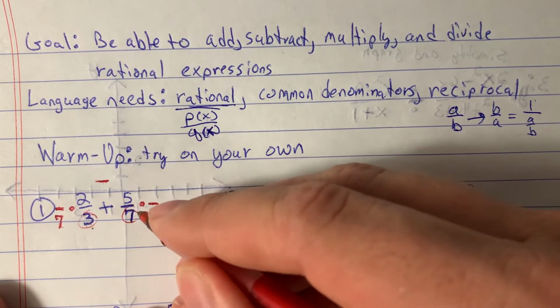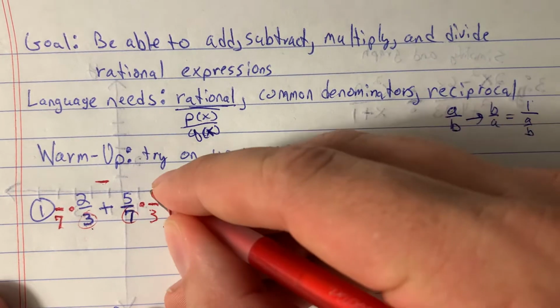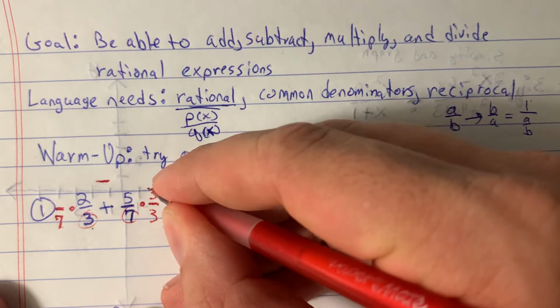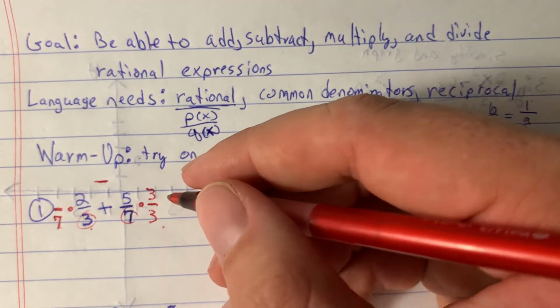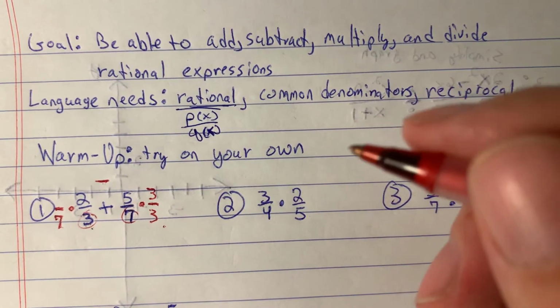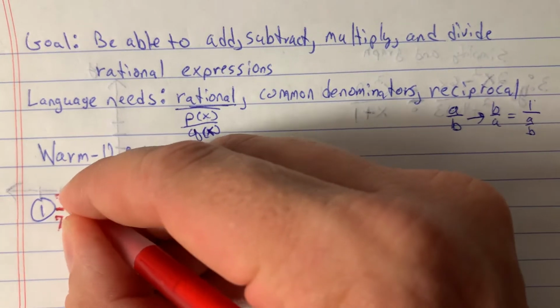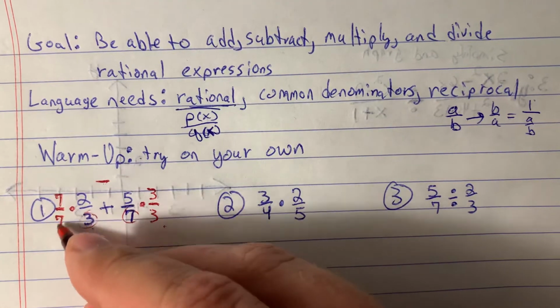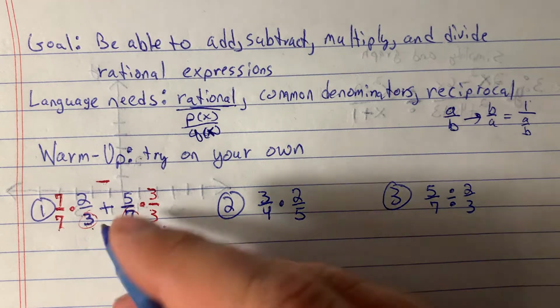To keep this fraction actually the same, I can't just multiply the denominator by 3. I need to multiply by 3 over 3, because 3 divided by 3 is 1, and that keeps the fraction having the same value because multiplying by 1 doesn't change anything. If I want to multiply the denominator by 7, I also need to multiply the numerator by 7, because then I'm multiplying by 1 and not changing the value of the fraction.